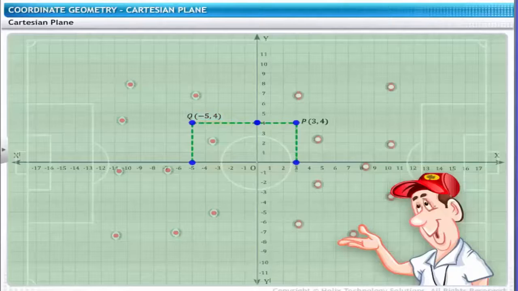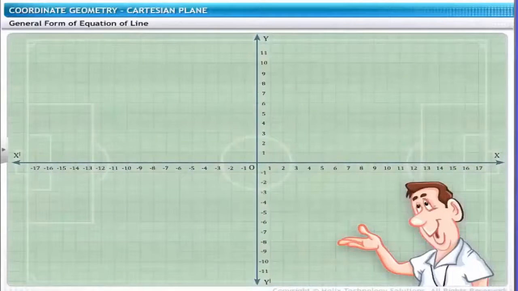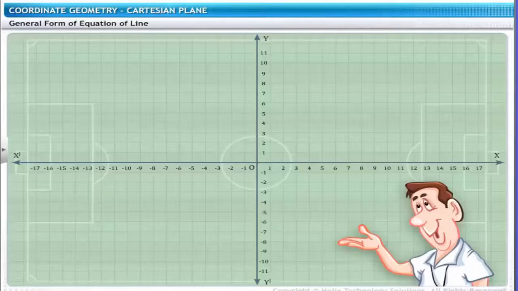Similarly, you can determine the positions of other players at various points on the field. Let us continue analyzing the positions of players on the football field with the coach. Assume that at some point of play, the positions of the players are at (0, 5), (0, 3), (0, -2), and (0, -5) on the field.